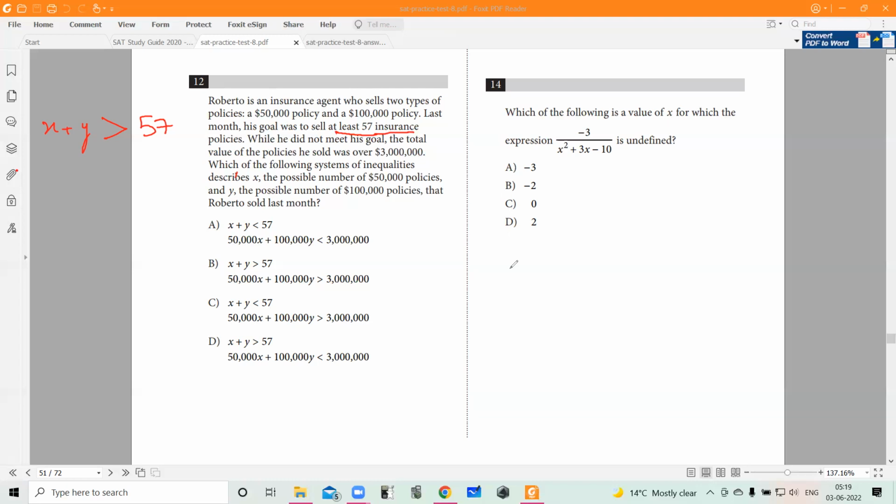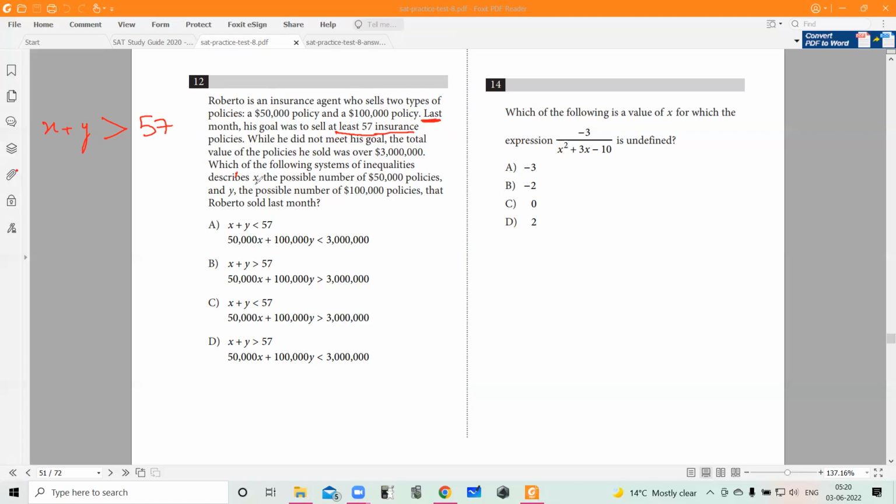Which of the following systems of inequalities describes X, the possible number of $50,000 policies, and Y, the possible number of $100,000 policies that Roberto sold last month? I know the answer, but we have to understand it. It's A or D because it says over 3 million.